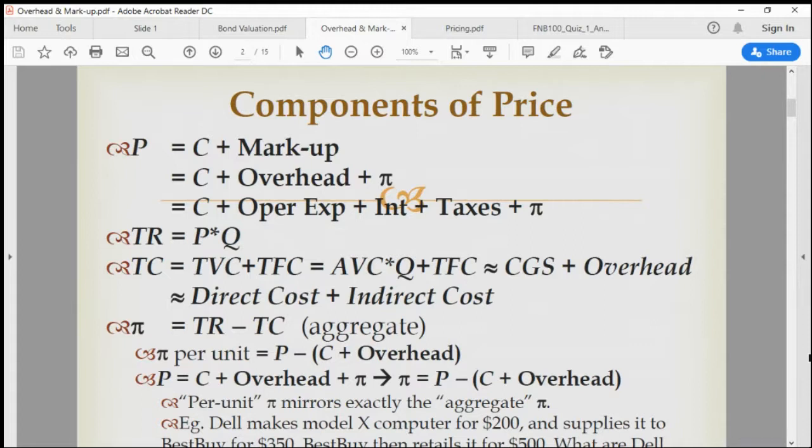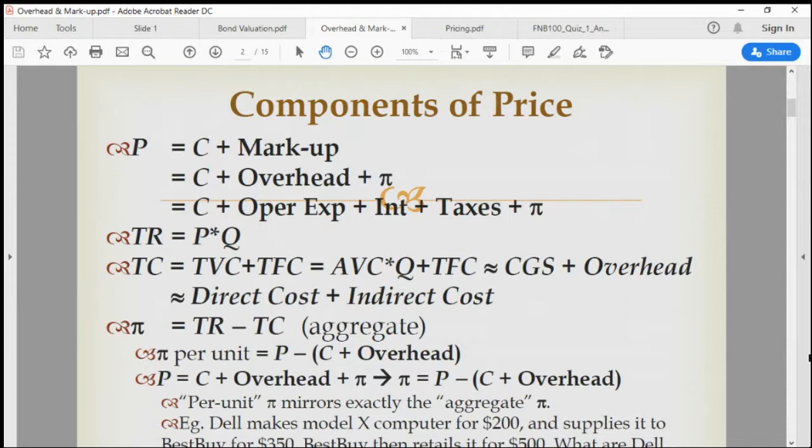Of course, the price would have to be greater than the cost. That goes without saying. But let's see if you are in control and able to decide your own price up to some extent.